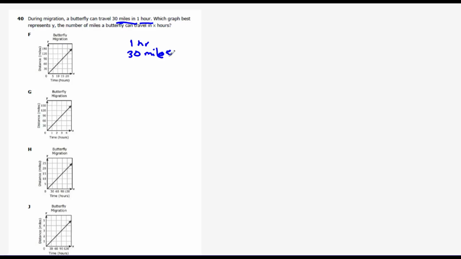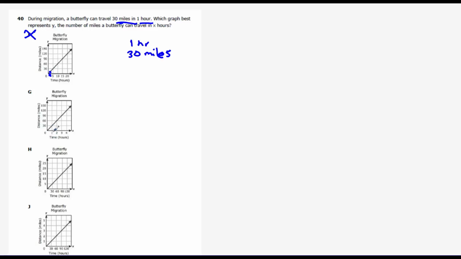So I'm going to try and find this point on these graphs. Okay, so here we go. So answer F goes from 0 to 5, so 1 hour would be like right here. And is that at 30 miles? No, it's not. So I don't like this answer. I'm going to keep looking.